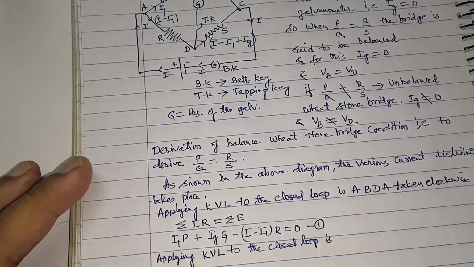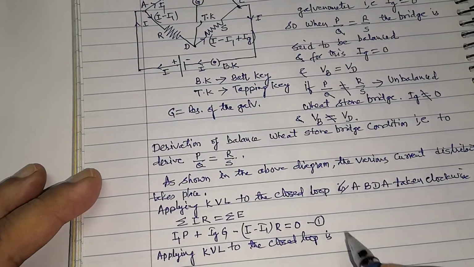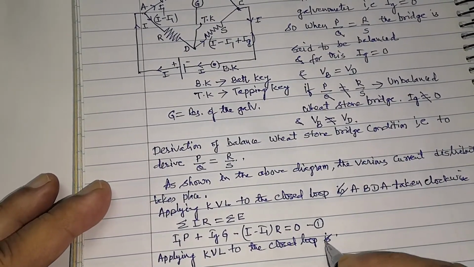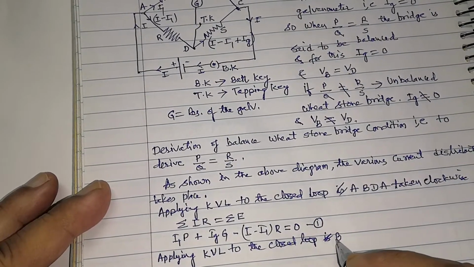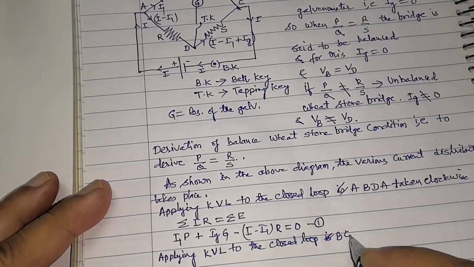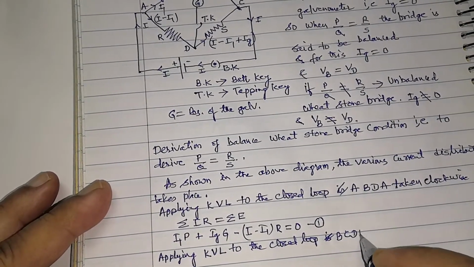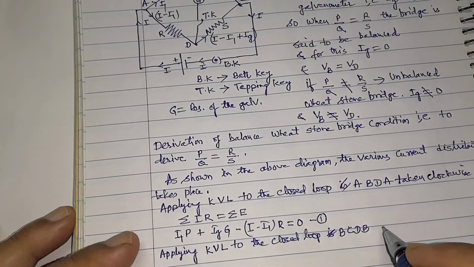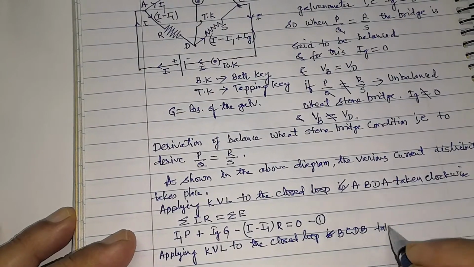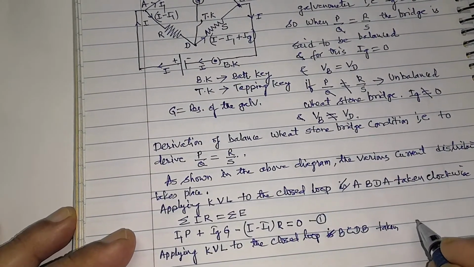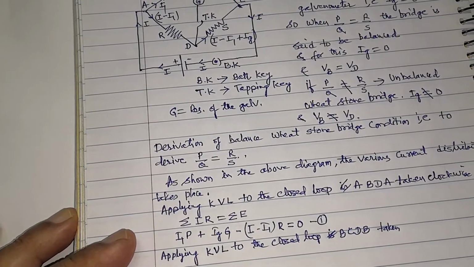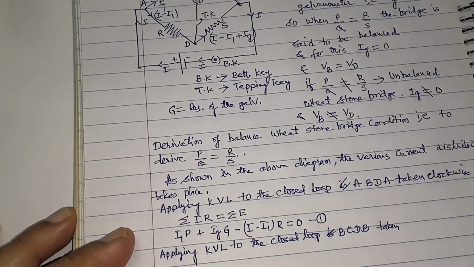Applying Kirchhoff's voltage law to the loop, the loop is B, C, D, B. This is also taken clockwise.